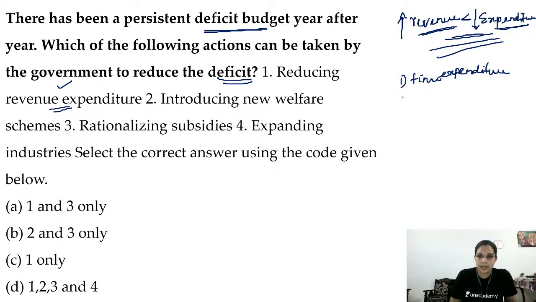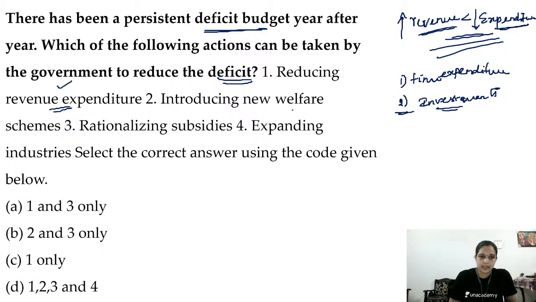Capital expenditure is usually what we call investments, where you do an expenditure so that you get the revenue periodically. So reducing the revenue expenditure, the one-time expenditure, you should definitely reduce it, right?